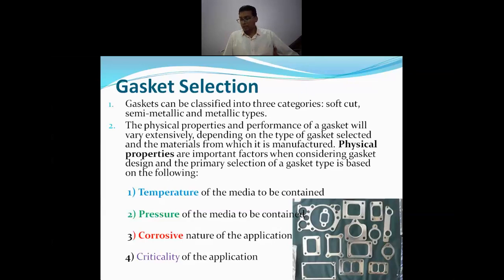Generally, a thickness of 0.4 to 3 mm is used. Out of that, 2 to 3 mm thickness gaskets are most commonly used.